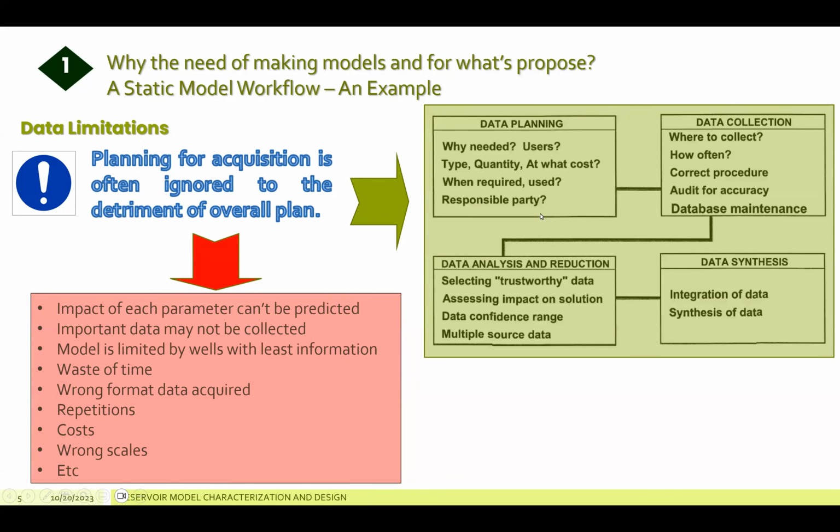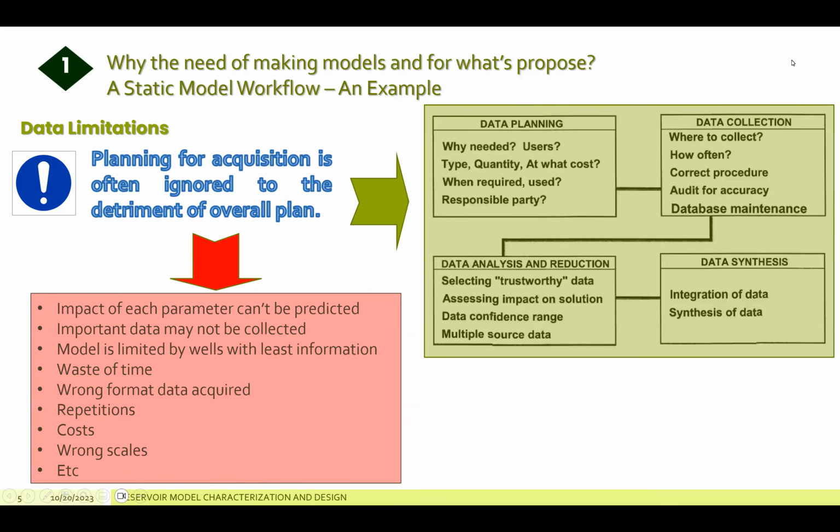Sometimes you don't acquire your data yourself; you ask different companies to collect it. I'm thinking, for example, of core. You have core data, but you don't collect it in your company. You are not going there to collect cores. You ask some other companies to collect the data. So you need to be aware of this.